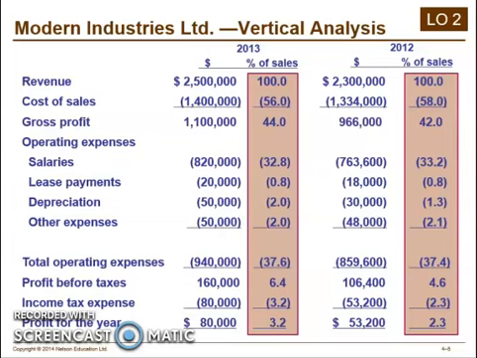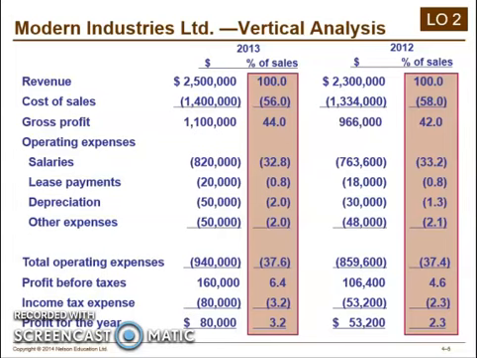In the column with the percentages, it's called percentage of sales. So we're taking every number from our statement of income and comparing it to that year's revenue or sales figure. For example, the first one is 100% because revenue divided by revenue gives us 100%.